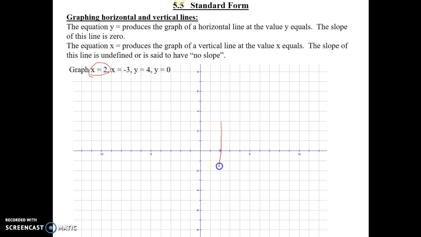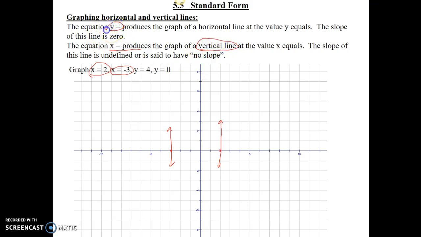So for x equals -3, you'd come over here to -3 and draw a vertical line there as well. So if the equation is x equals, it produces a vertical line.